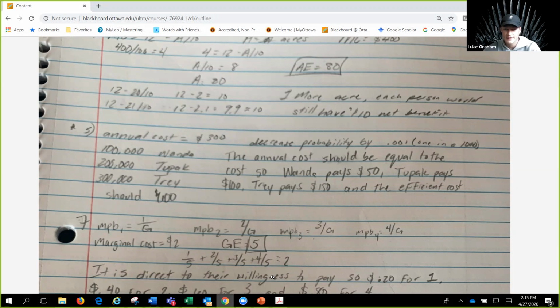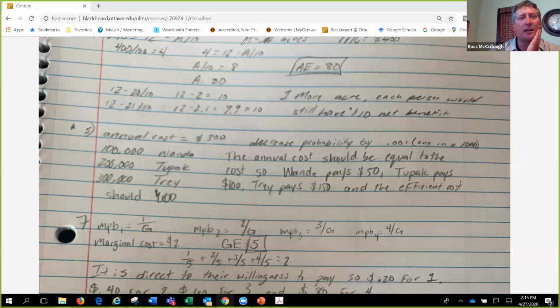I put that the cost should be more equal to what they pay should kind of be equal to what their house is worth. So Wanda would pay $50, Tupac would pay 100, and then Trey would pay 150. But I really don't know if that's correct or not.